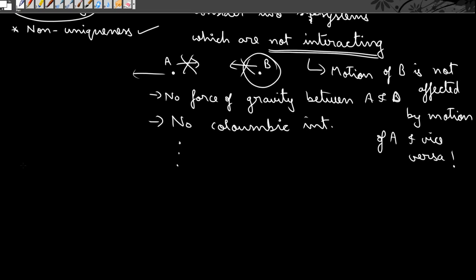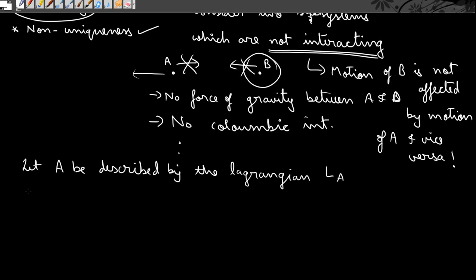Now, let A be described by the Lagrangian LA. Similarly, let B be described by the Lagrangian LB. Then, how do we calculate the path which is traversed by the particles A and B?